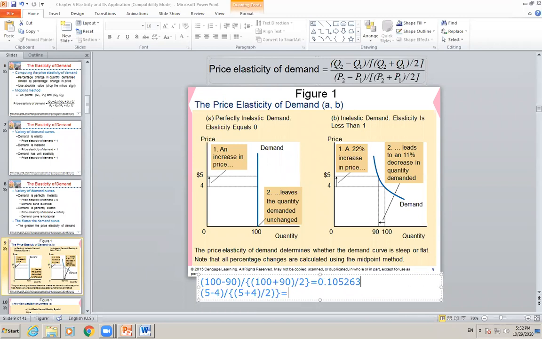And here, if you calculate 1 divided by 9.5, which is 5 plus 4 divided by 2, it's about 0.11. In the book they just rounded it to 11%, just for presentation.